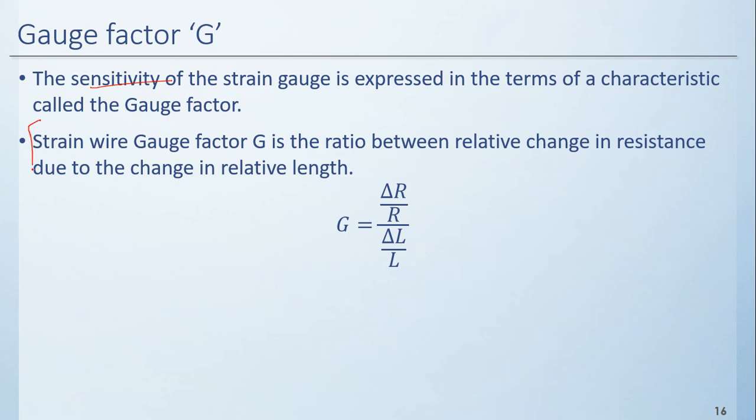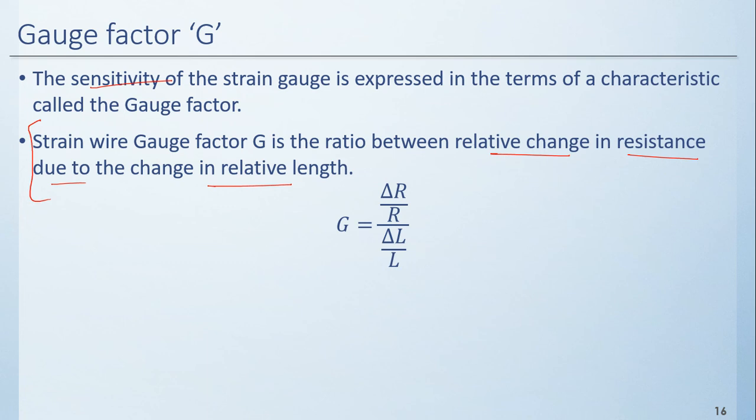It is nothing but a ratio between the relative change in resistance and the relative change in length. As I said, your strain gauge will be subjected to deformation, and as a result there will be a change in resistance.